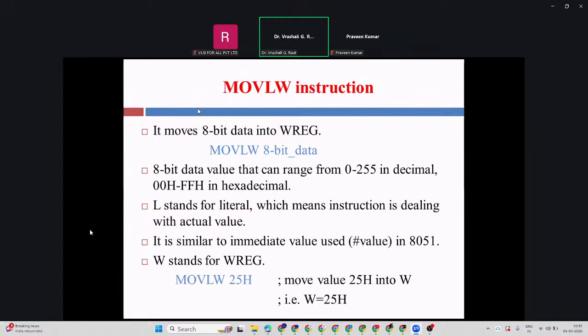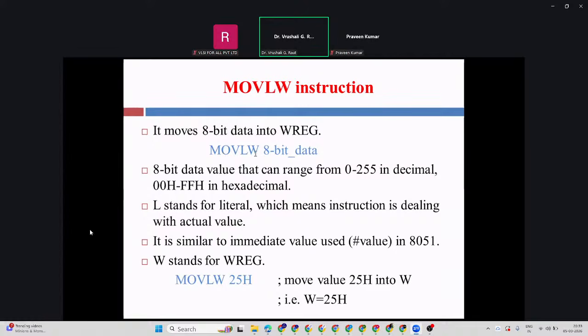Look here now. There is one instruction, MOVLW. What are we doing? We are moving the literal to W. It is like this: MOVLW, then 8 bits of data. This is the instruction. In total, how is my instruction?